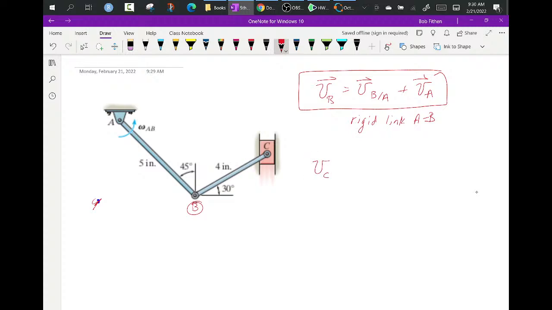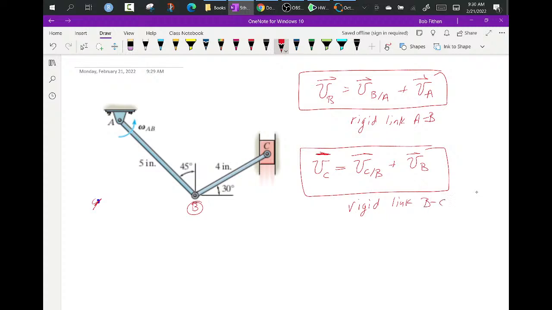I can now write velocity of C is equal to velocity of C relative to B plus velocity of B, and this is because there is a rigid link between B and C.